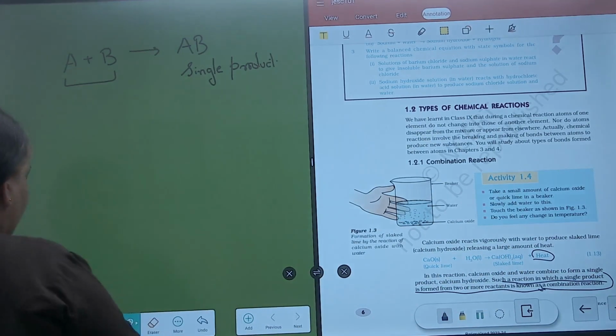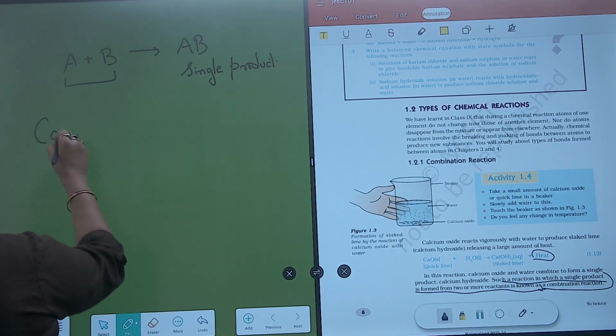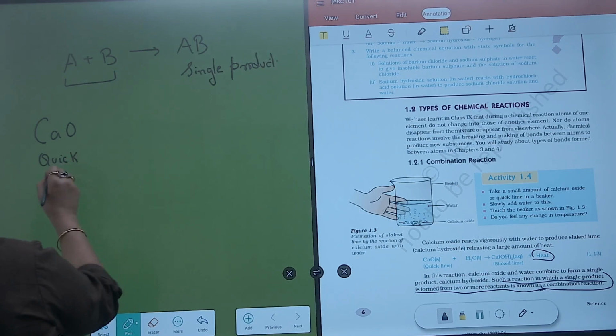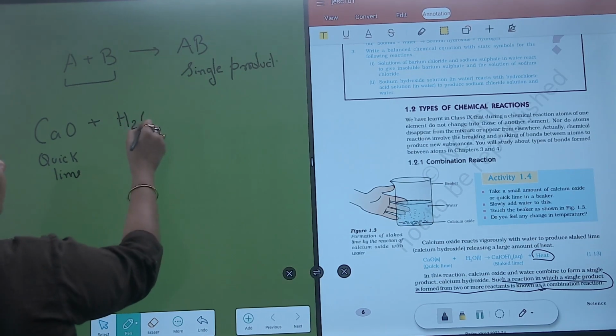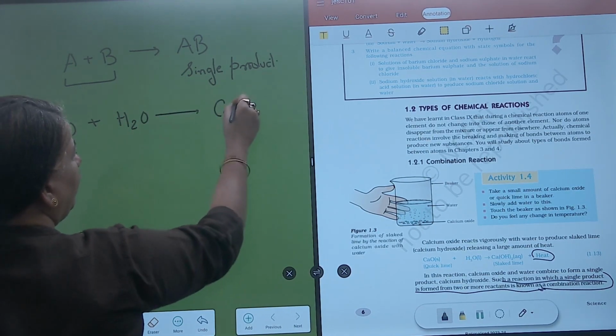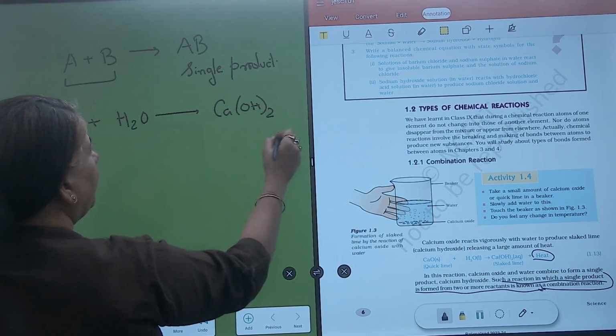So now we can write the equation once again. This is calcium oxide or quicklime. To it you add water and you get calcium hydroxide plus heat.